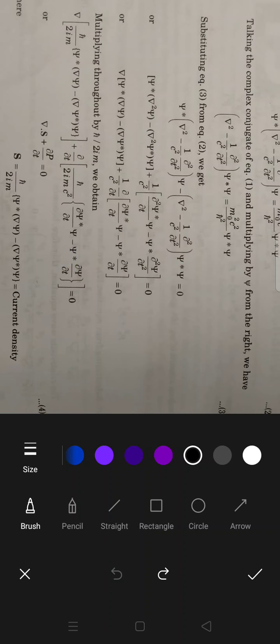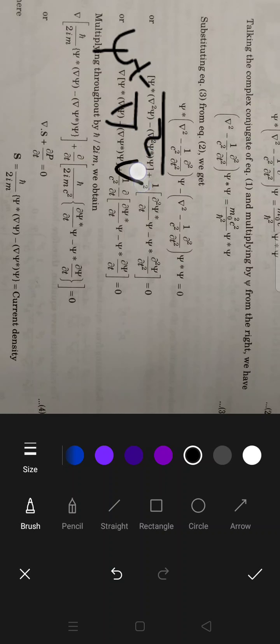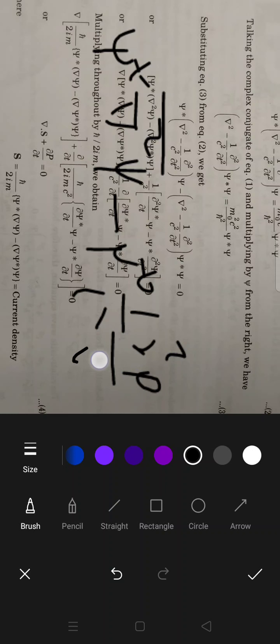Now first consider this equation: psi star del square psi minus psi star 1 by c square dou square psi by dou t square. Like that you will get this equation.